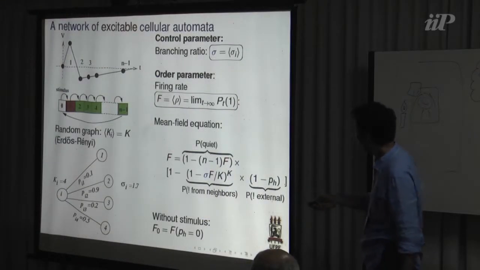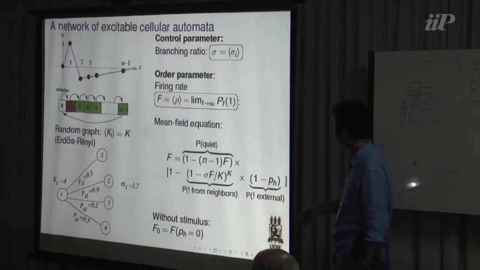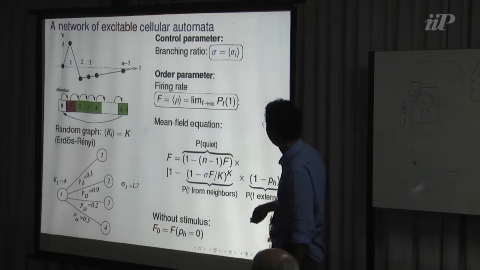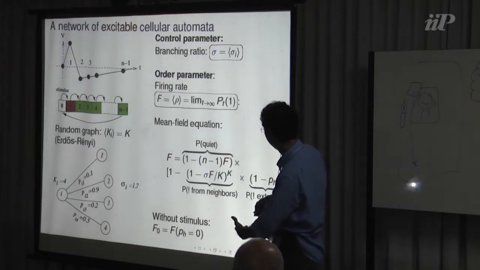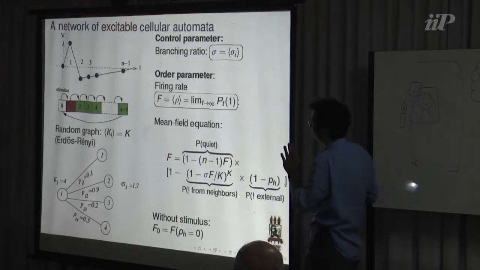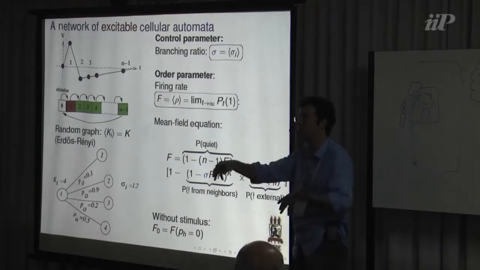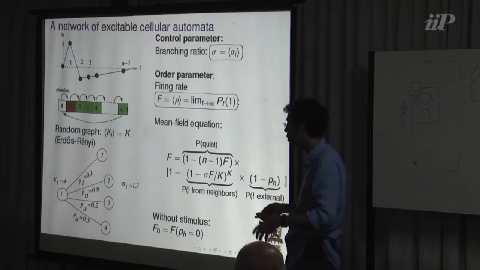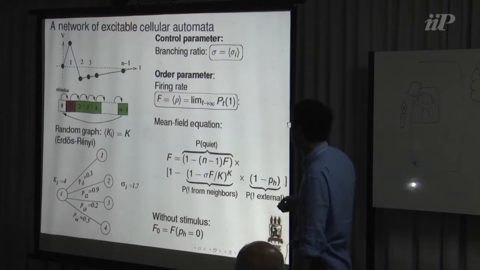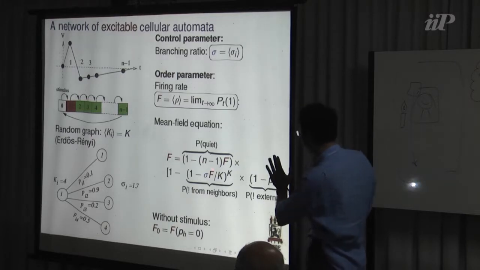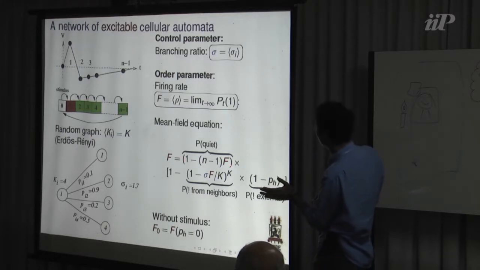Okay, so my order parameter here is, I'm calling F0, the firing rate when I don't have external stimulus. So whatever the network is doing on its own, thanks to activity due to other neurons, okay? If you take this equation, so look, again, revisiting, what is this equation relating?